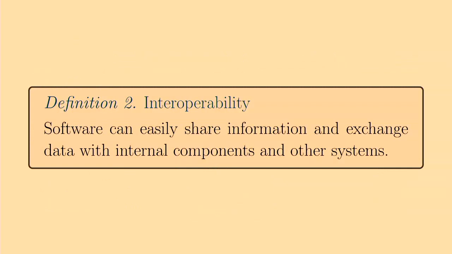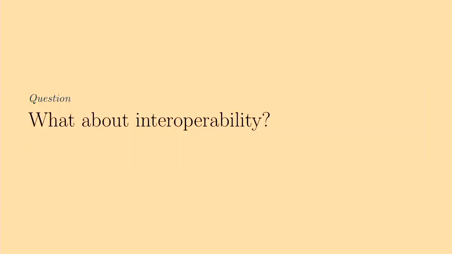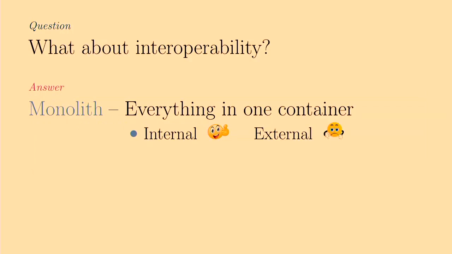Another thing we're interested in is interoperability, which is how easily can my software talk to something else? We can view it both internally and externally. How easily can it talk between different components within the software, and how easily can it talk to other systems? So, monolith. Obviously, internal communication is easy. It's all there. You just use it. Talking to the outside world, not typically so easy.